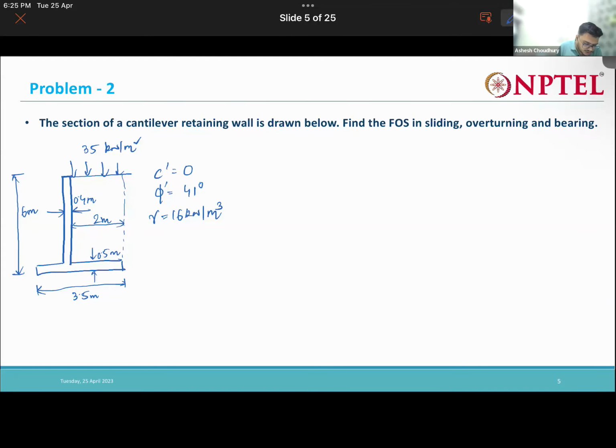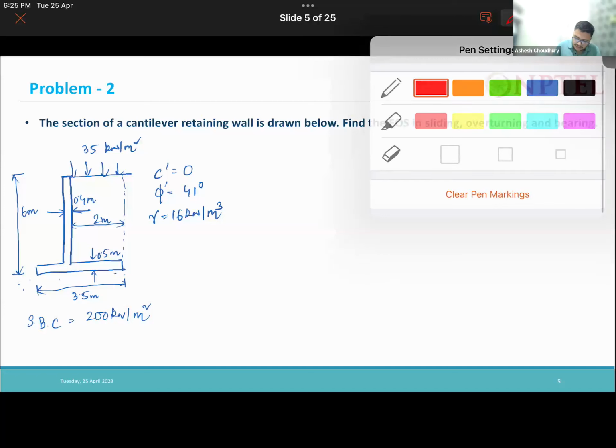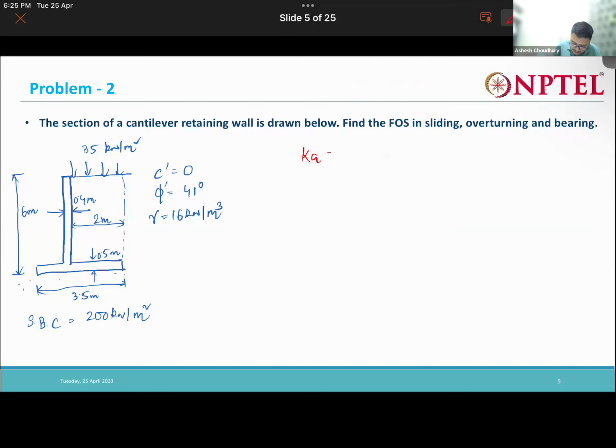Also SBC, the safe bearing capacity of the soil below. It means the soil here, right? The safe bearing capacity of the soil is 200 kilonewton per meter square. So first, for phi equal to 41 degrees, what is our Ka?